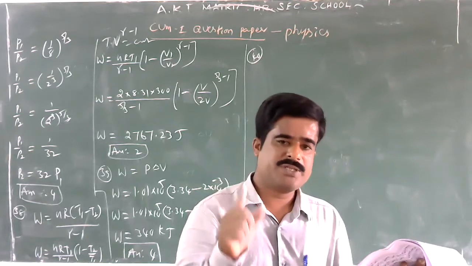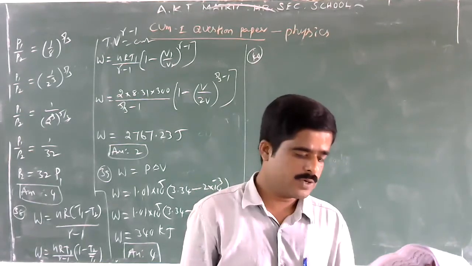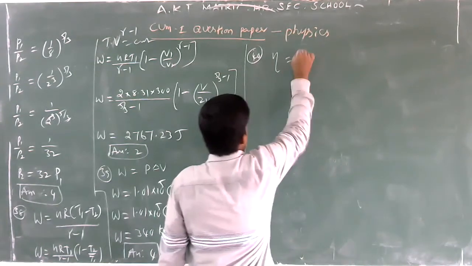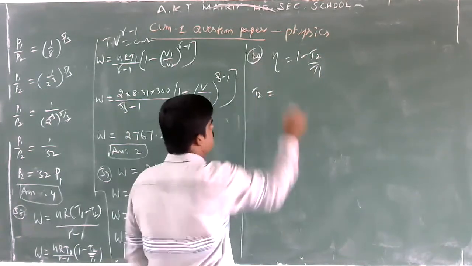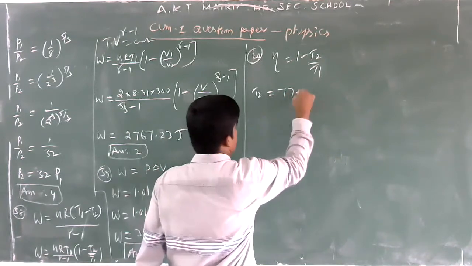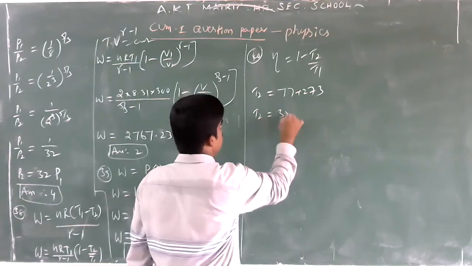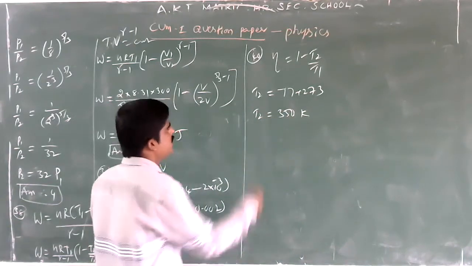We want to find the temperature of the source. The formula for efficiency is equal to 1 minus T2 by T1. T2 is 77 degrees Celsius, 77 plus 273, so T2 is equal to 350 Kelvin.